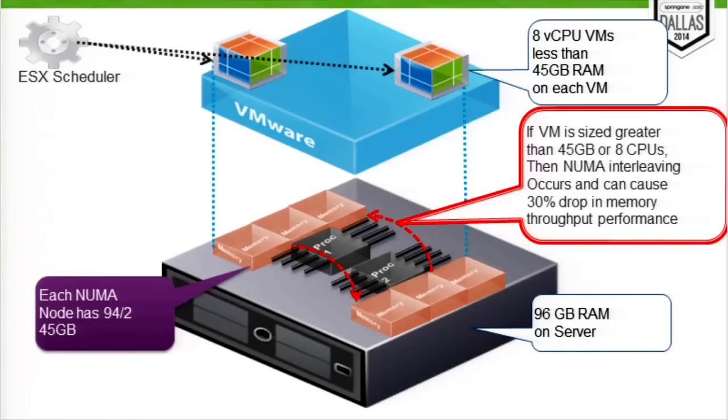Will that show up on vCenter dashboards? In ESXTOP, there's a flag called %L. Some of it will show in terms of the NUMA architecture, but %L you can get through the logs and you could see it. %L should be 100%. Otherwise, if it's not, that means you're interleaving.